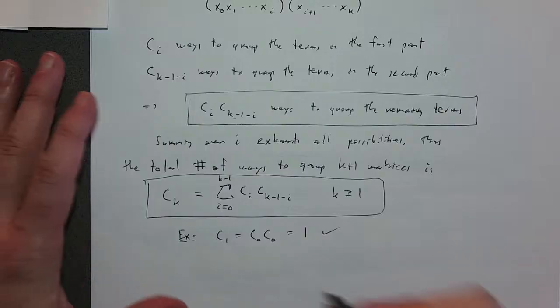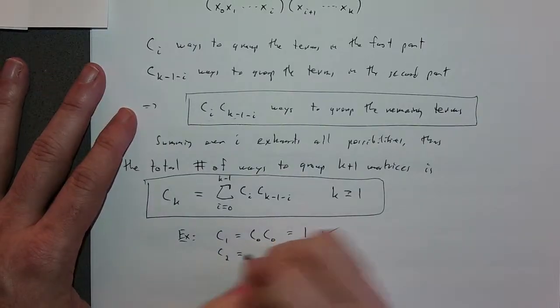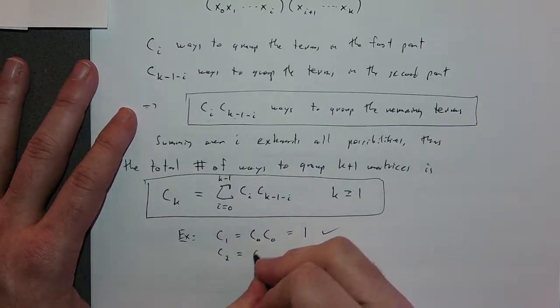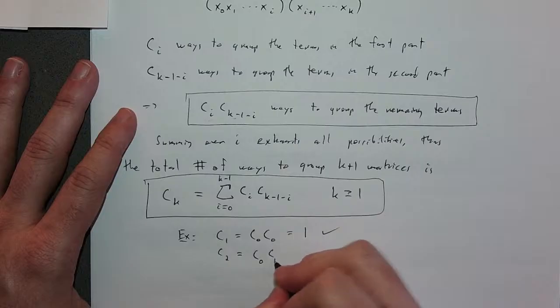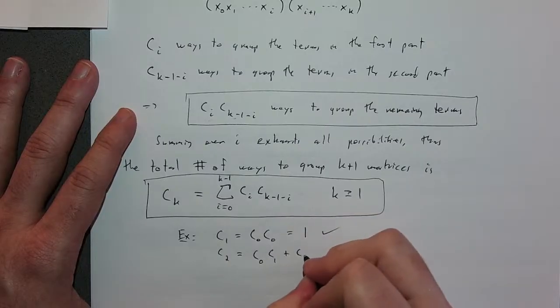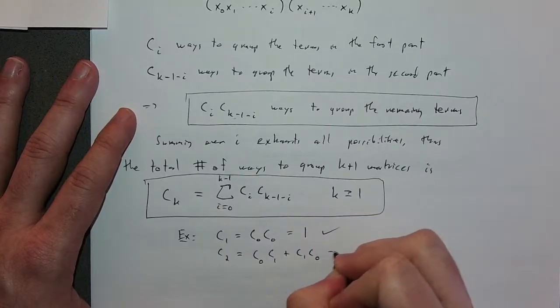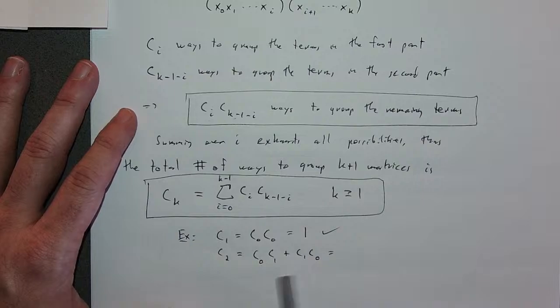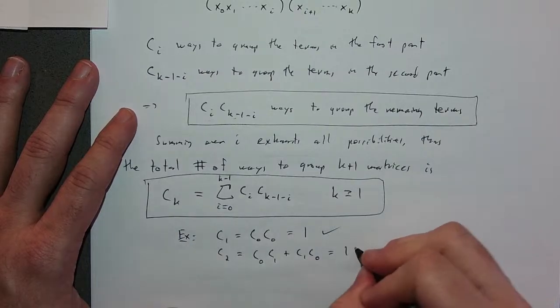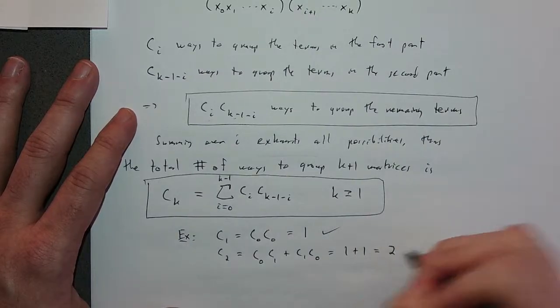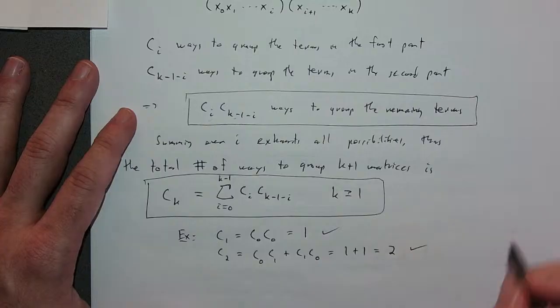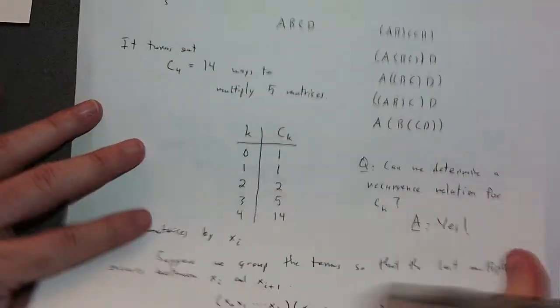All right, what about C sub 2? C sub 2, according to this sum, should be C naught times C sub 1 plus C sub 1 times C naught, which is 1 plus 1, or 2, which is exactly what C sub 2 should be.